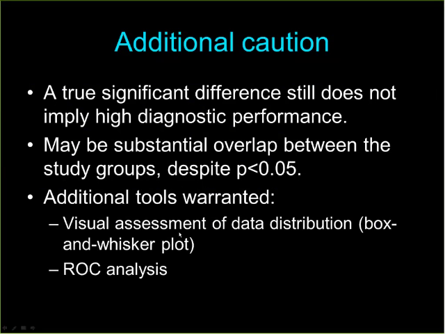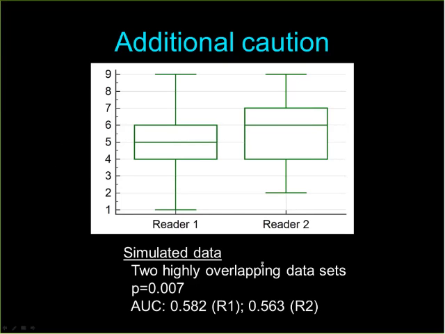For instance, visual assessment of the actual data distribution in the two groups, often done with a box and whisker plot, as well as ROC analysis. Here I just have some sample data from a separate study, with some metric that we're comparing between two readers.